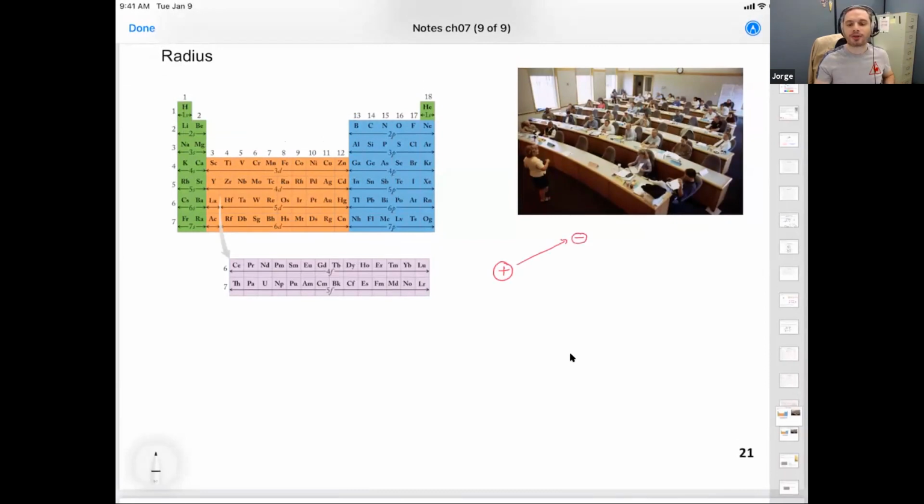Okay, so we have charges with opposite sign, therefore they will attract each other. There is a limit to that. And the largest distance between the nucleus and the very last electron, that is the radius of the element.